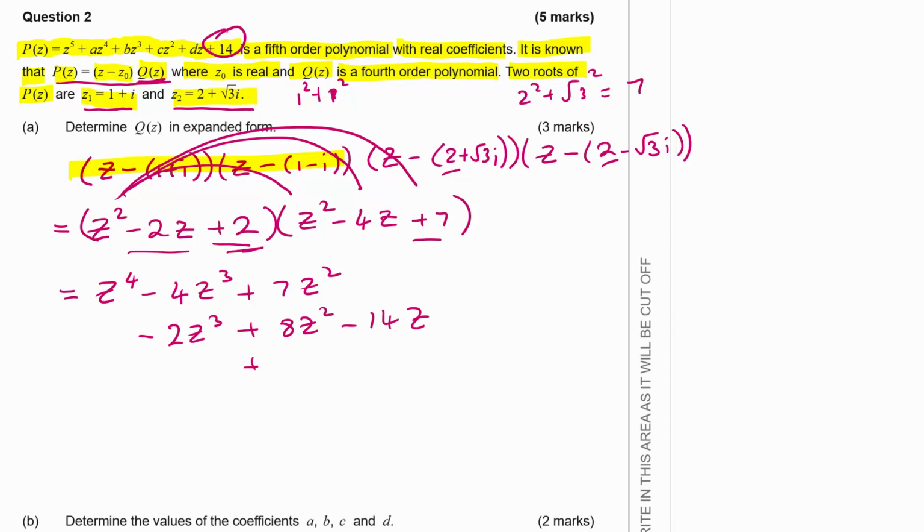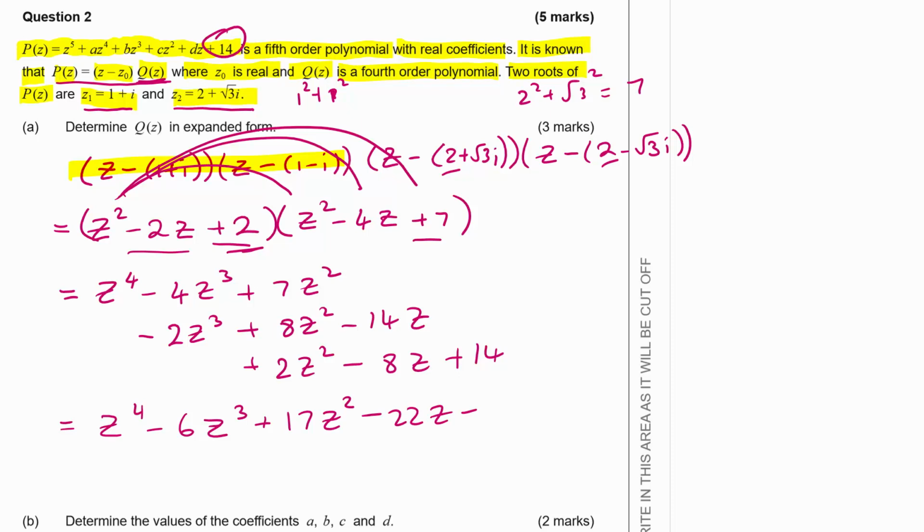So that's plus 2z squared minus 8z plus 14, which gives me z to the 4 minus 6z cubed plus 7 and 8 is 15 and 2 is 17, 17z squared minus 22z plus 14.